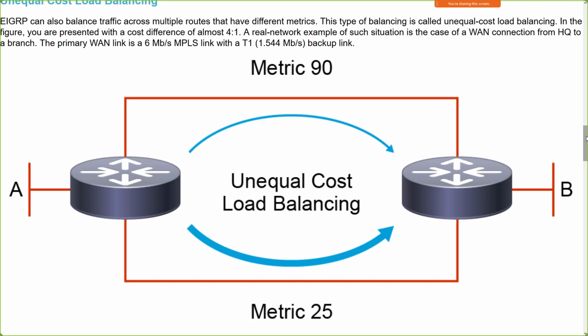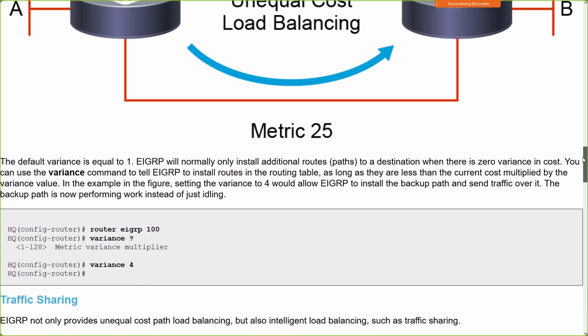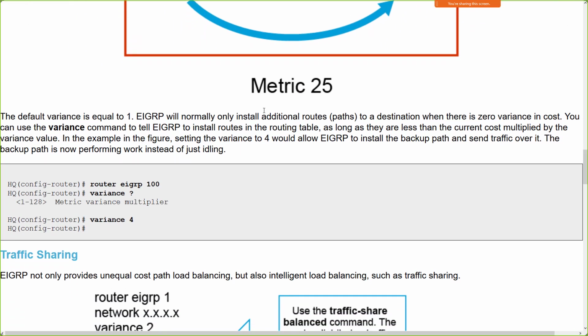There is one very important caveat to this, though. Okay, one very important caveat, and that is if the path does not meet the feasibility condition, even though it falls within the variance scope. So if that top path that had a feasible distance of 90 did not meet the feasibility condition, it would not be included as a route because it doesn't qualify.